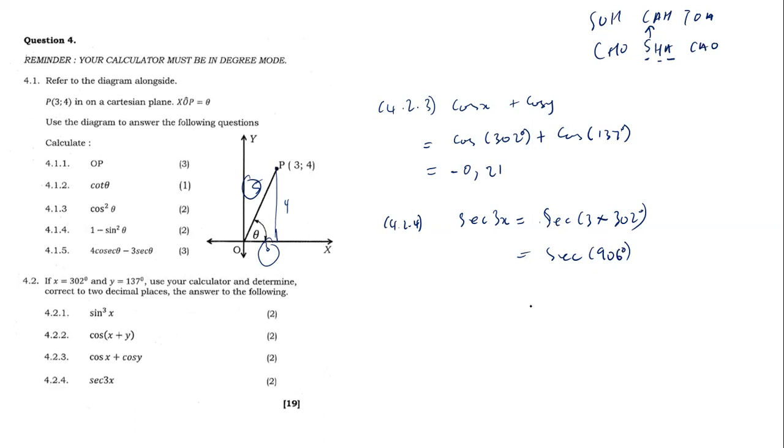Like I said, sec is the inverse of cos, so that means this is 1 over cos 906 degrees, or you can do it on your calculator as cos 906 to the power of -1. So we're going to say 1 over cos 906. We get, to 2 decimal places, -1.01. Therefore, this will be our final answer for this question.